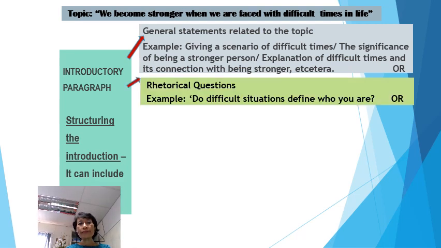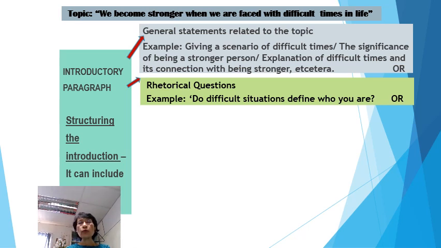Or you can go by a rhetorical question or rhetorical questions. Rhetorical questions are a form of question. If you want to go by this, the maximum would be 3. Don't go beyond that.